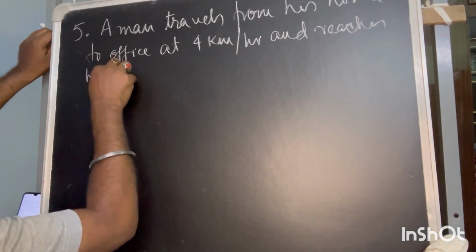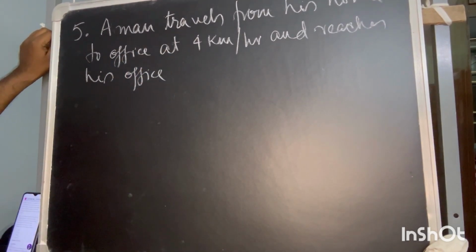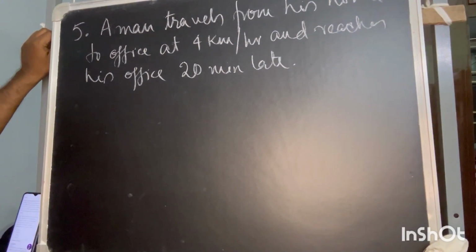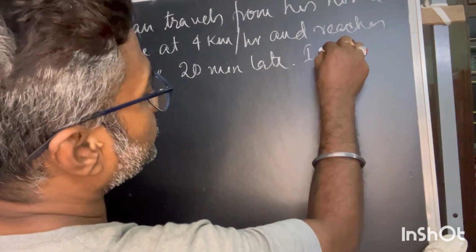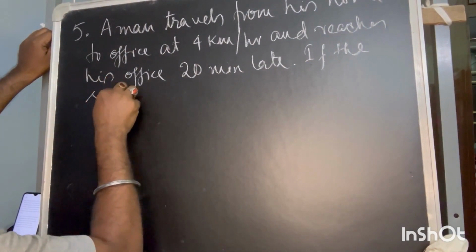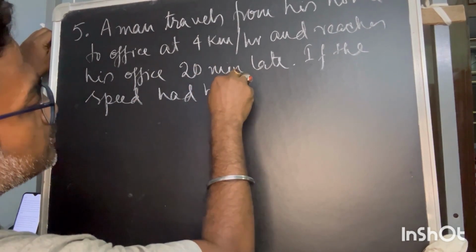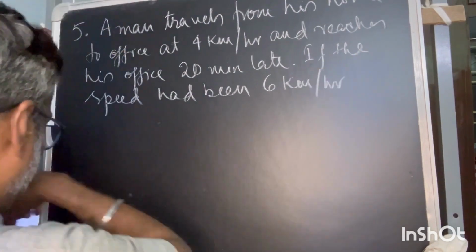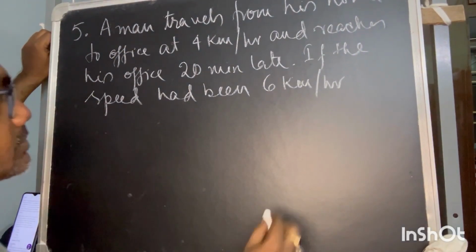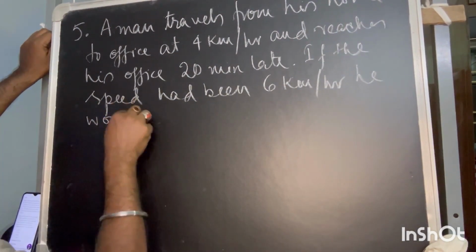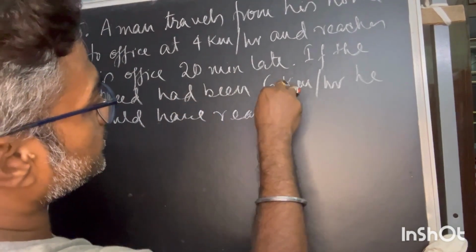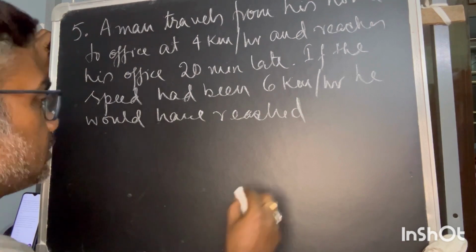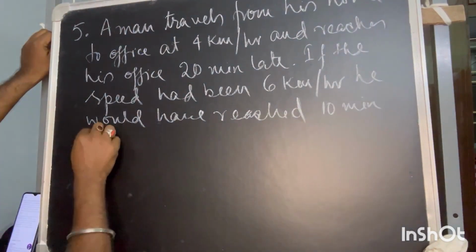his office 20 minutes late. If the speed had been 6 kilometer per hour, he would have reached 10 minutes early.